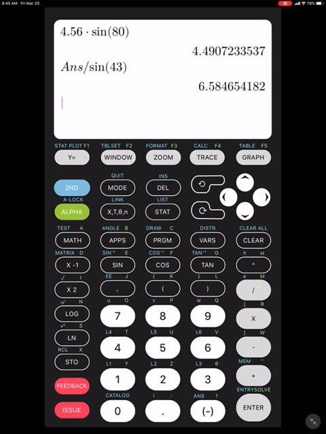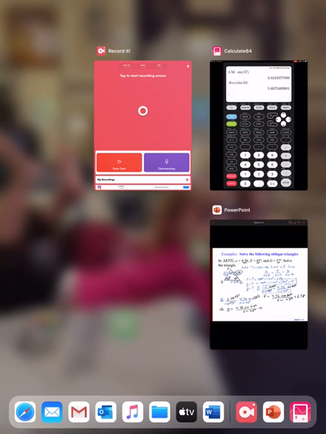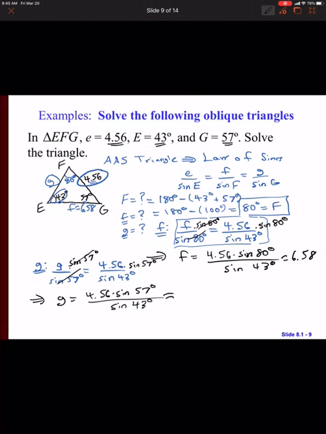We have 4.56 times the sine of 57 degrees divided by the sine of 43 degrees. There it is typed in on a calculator, and we'll round it to the nearest hundredth. So 5.61, rounded to 2 decimal places.